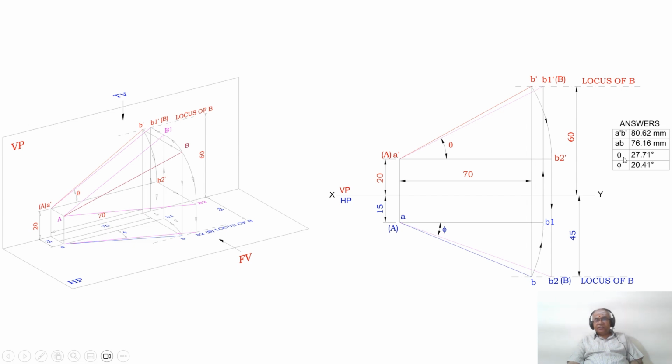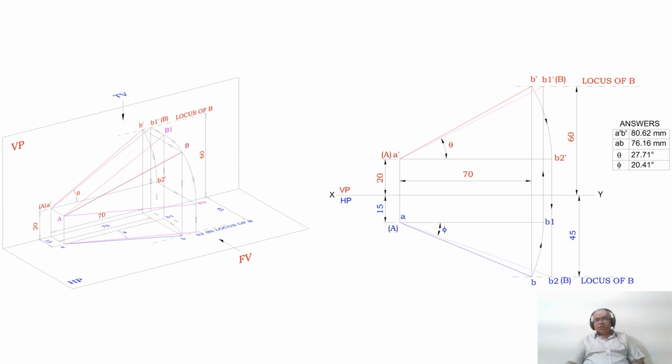Theta is the true inclination with respect to HP, which is 27.71, meaning 28 degrees, and phi is 20.41, the true inclination with respect to VP. So this is how you will be able to analyze the problem in 3D and also solve it manually.